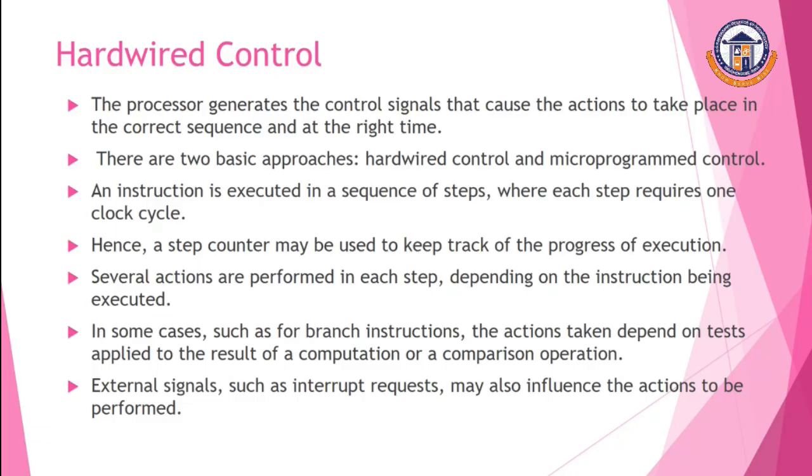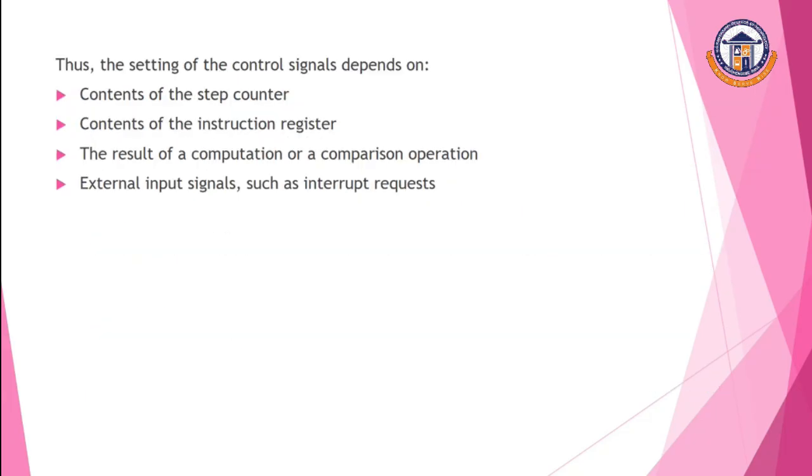Also, some external signals will affect the sequential execution of the program. Interrupt requests may also interrupt the normal, sequential execution of our instructions. For that, we need a step counter to keep track of the progress of the instruction.